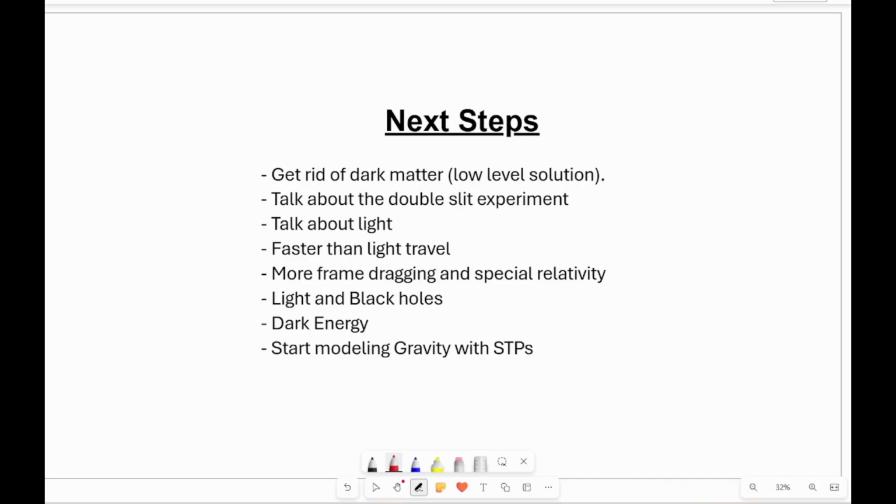This might not be about space-time particles in general, but I want to talk about what I think is a huge misconception we have. We can also look at faster than light travel. Einstein's equations basically have a giant panic attack when you approach C because you start to get infinities. And I'm going to argue that in a space-time particle model, this is not such a big problem. So we'll spend a little bit of time doing a hypothetical experiment of what happens if we exceed the speed of light.